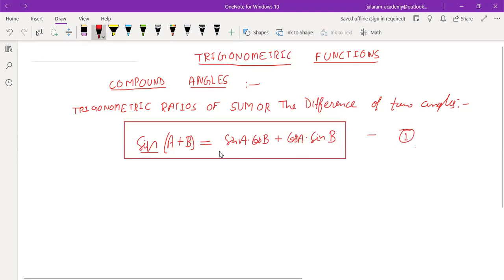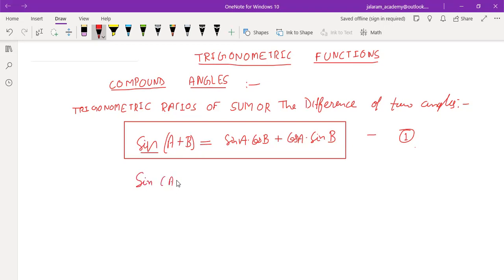Repeat with me thrice. Sine A plus B equals sine A cos B plus cos A sine B.